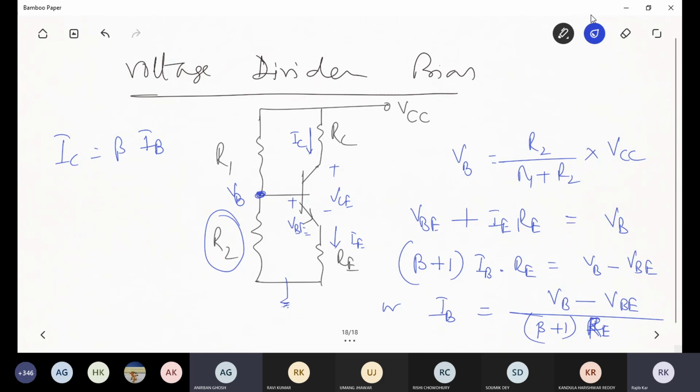And we take this output KVL, the output voltage loop: VCC, IC RC, VCE and IE RE. All together, if you use this polarity concept, then the summation will be equal to 0.